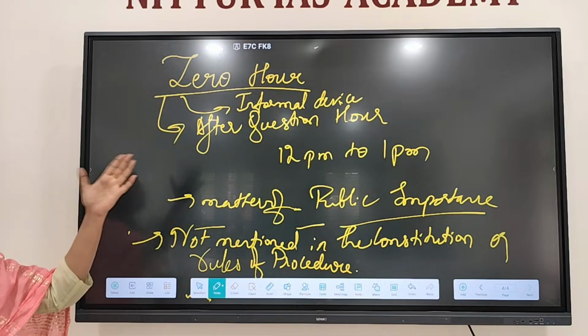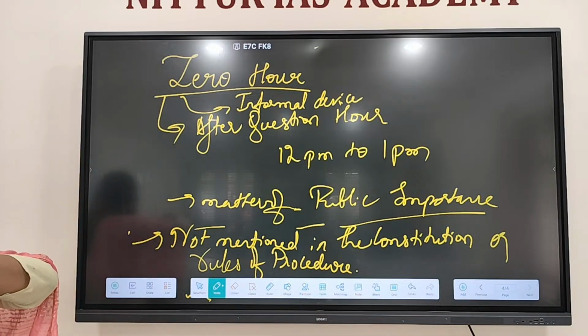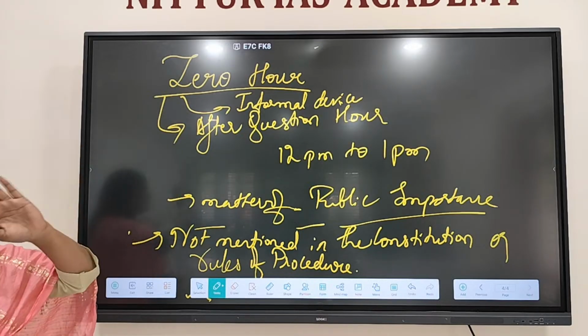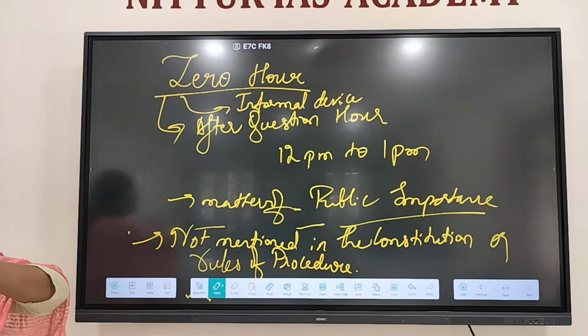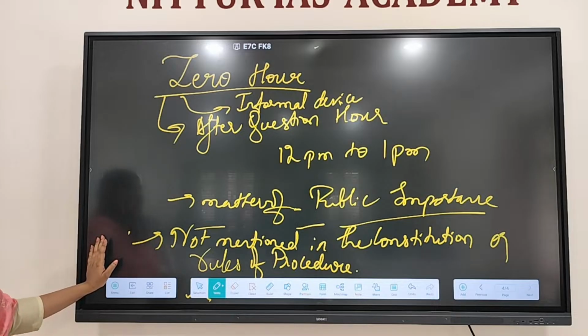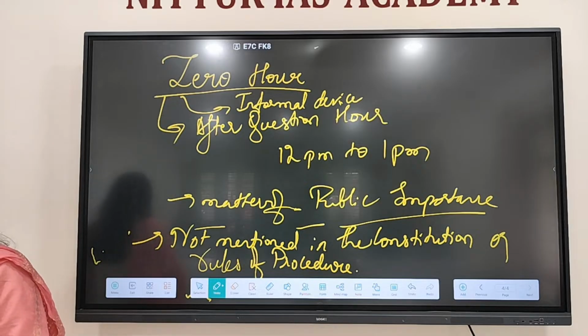Usually it will be after the question hour. Question hour will be completed at 12 o'clock, and it will start after that. It might be for 30 minutes to 60 minutes. It extends. And this 0 hour doesn't have to be on a day-to-day basis. Only when there is an urgent or public importance matter can it be used.